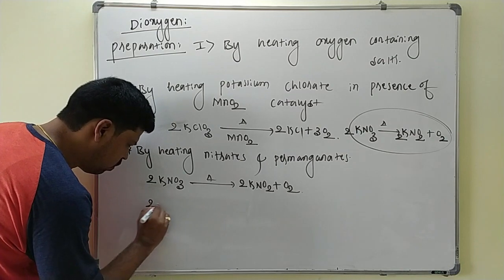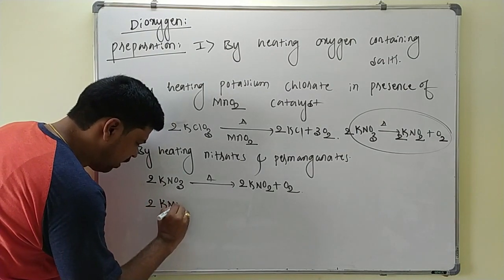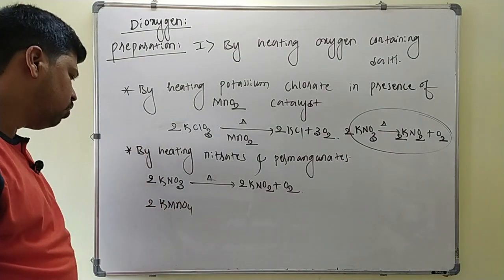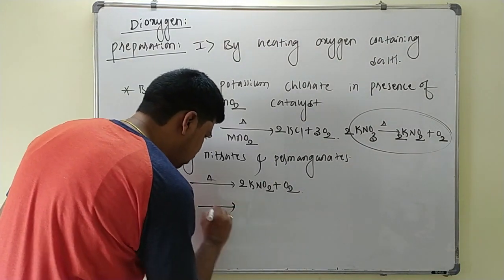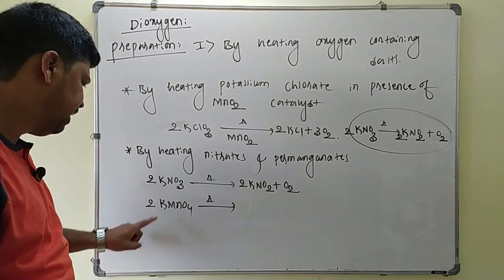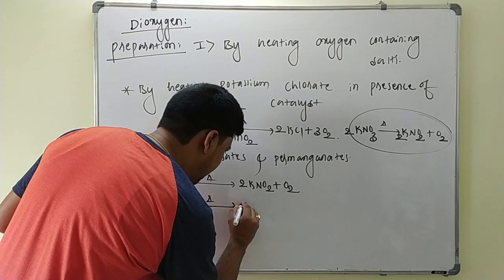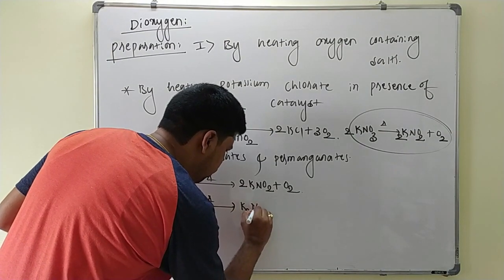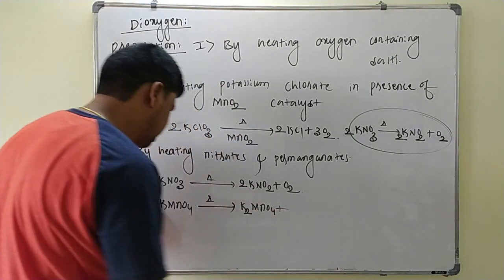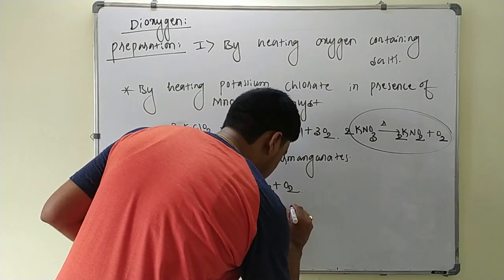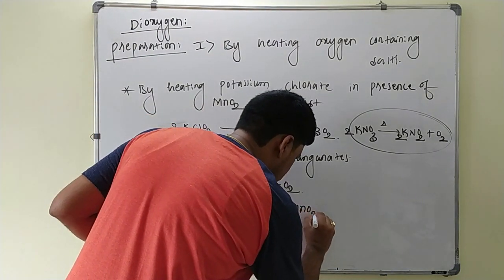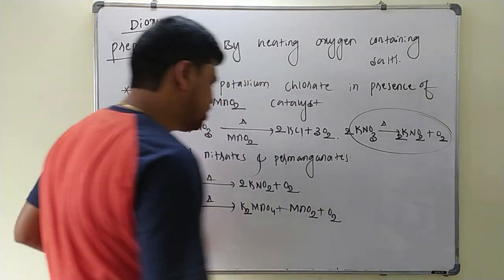Next one, 2 moles of potassium permanganate, 2 moles of KMnO4. This on heating will convert into potassium manganate, that is K2MnO4, plus 1 mole of MnO2 plus O2.